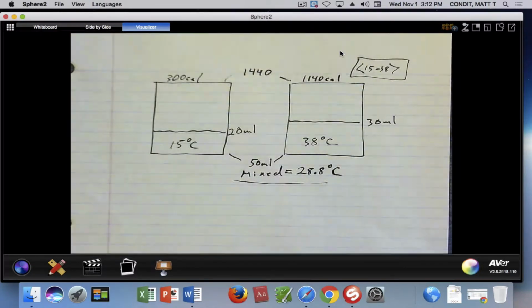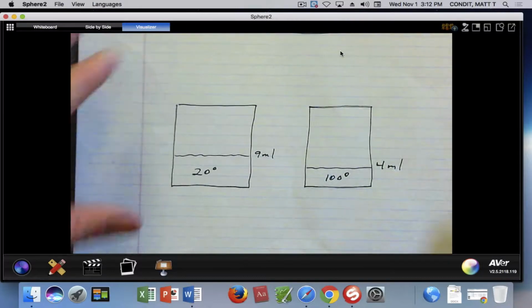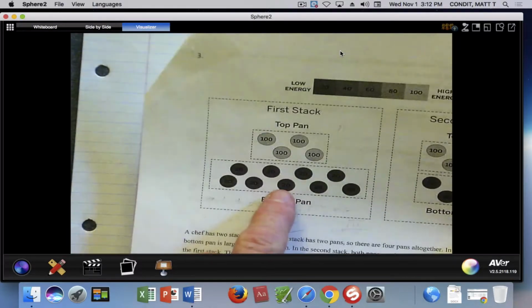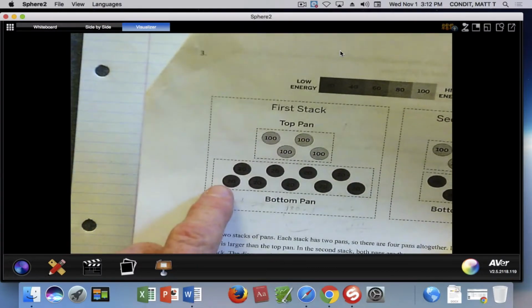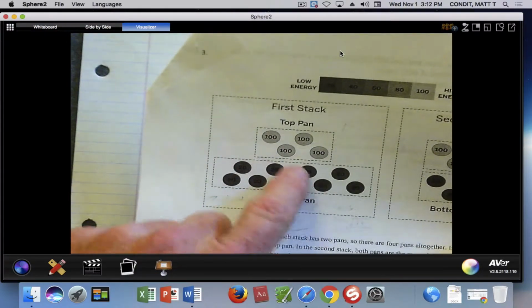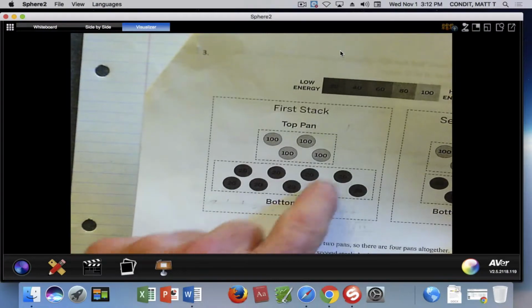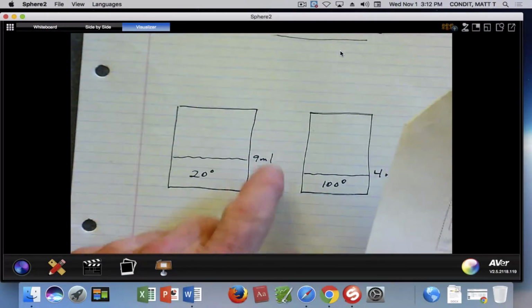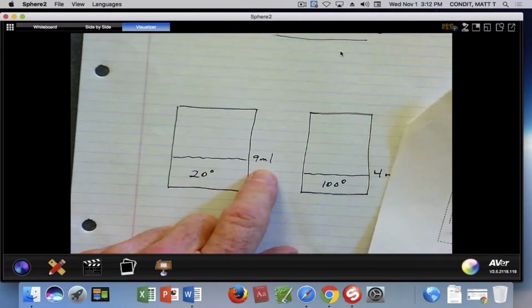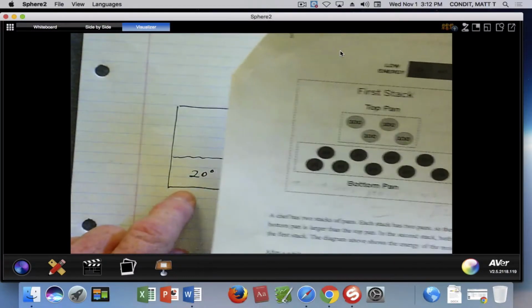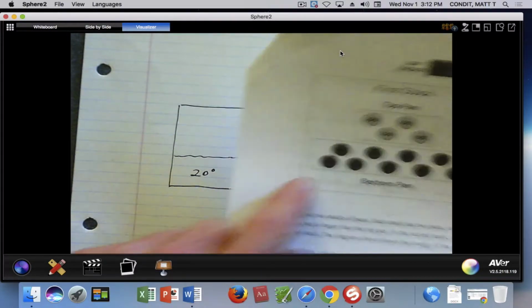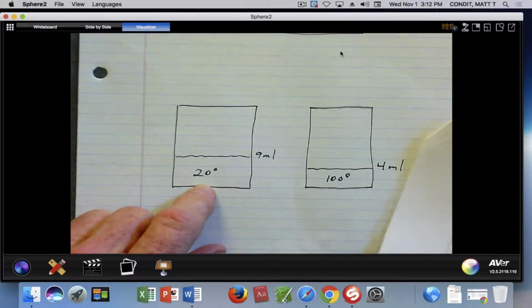And here's how we can do that. For this one right here at 20 degrees, we'll say it's 1, 2, 3, 4, 5, 6, 7, 8, 9 milliliters, since each of these stands for a cubic centimeter, or milliliter. So that gives us 9 milliliters of fluid. And then we have 20 degrees. So we can draw it up as water.